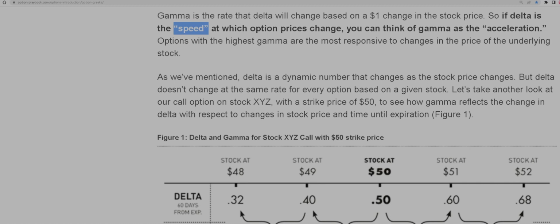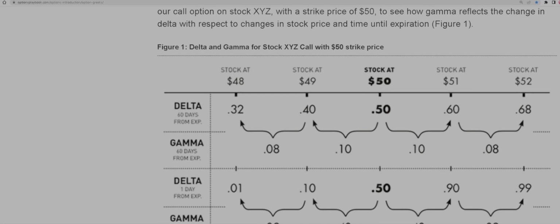As we mentioned, delta is a dynamic number that changes as the stock price changes, but the delta doesn't change at the same rate for every option based on the given stock. So let's take another look at our call option on XYZ, with the strike at 50, to see how gamma reflects the change in delta with respect to change in the stock price and time until expiration. So this is the figure.